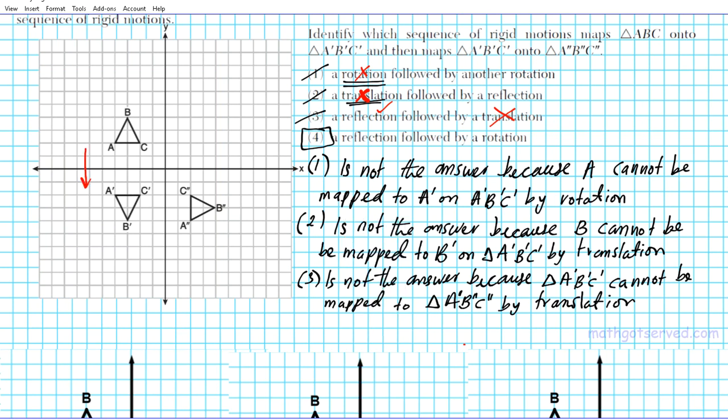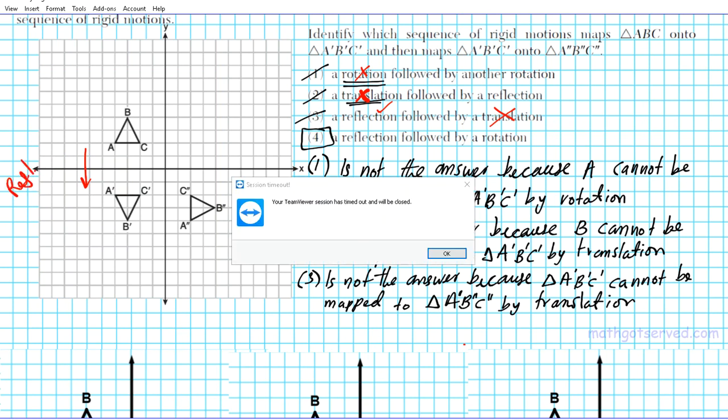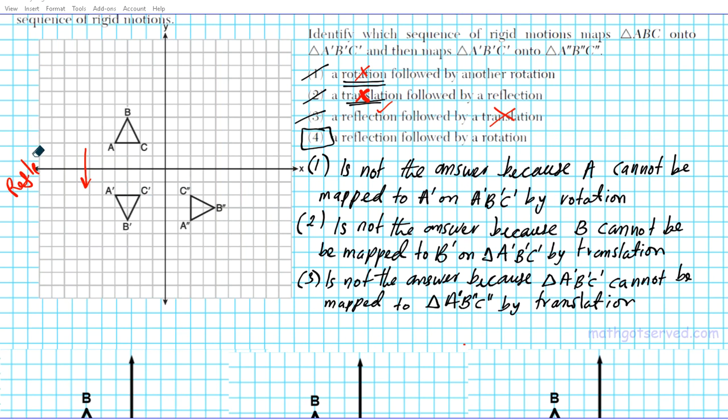Okay, so just by going down, this transformation here is a reflection across the x-axis. Okay, so that will take you from this triangle to this triangle.